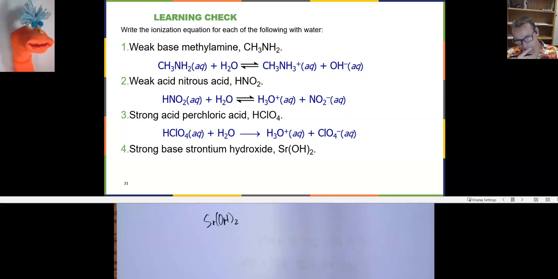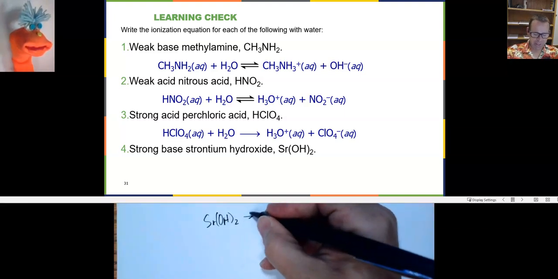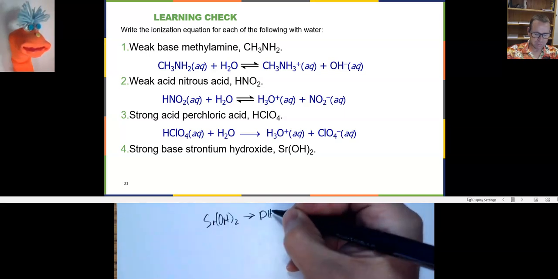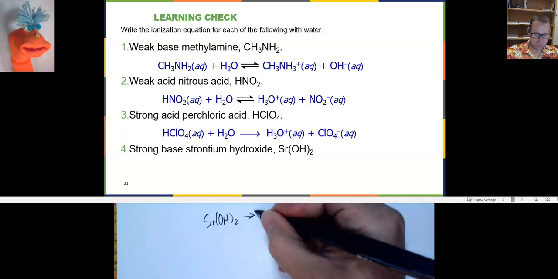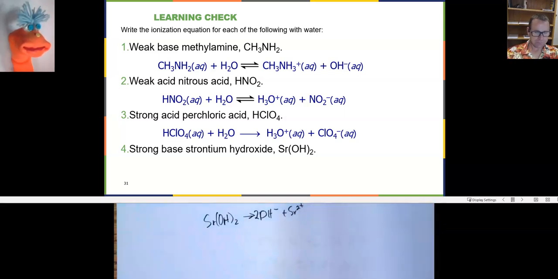Okay, strontium hydroxide here, acting as a base. We just have the hydroxide ion resulting, 2 hydroxide ions, and a strontium ion, 2 plus charge.